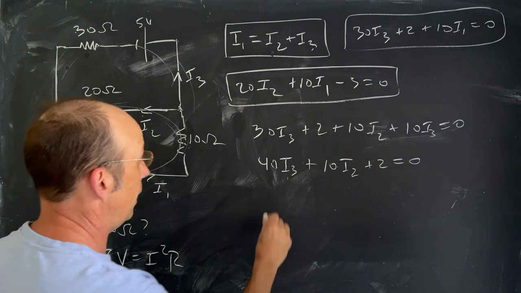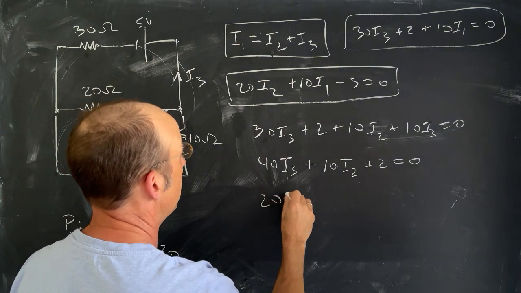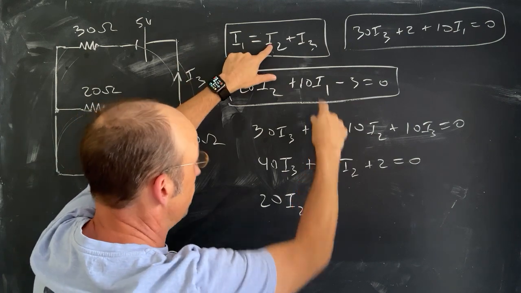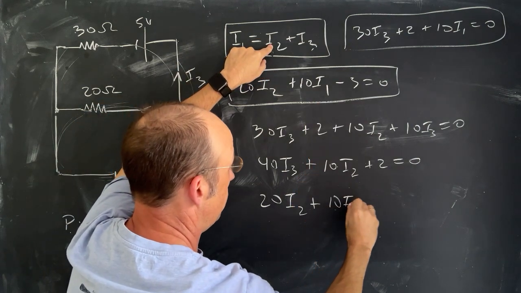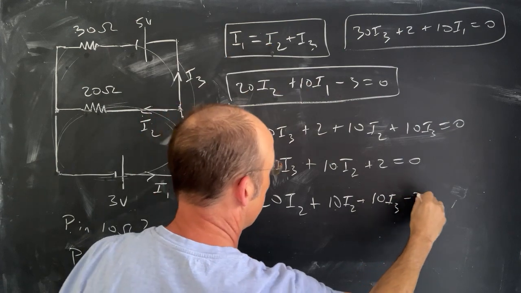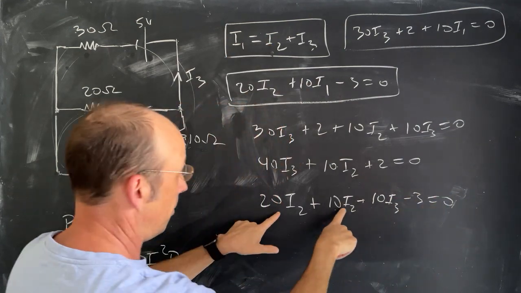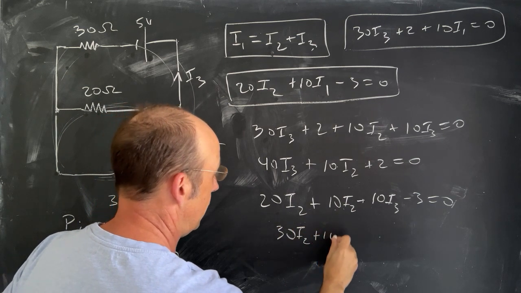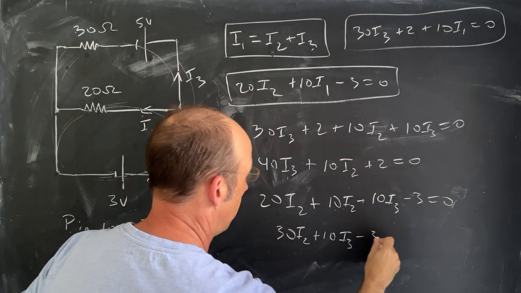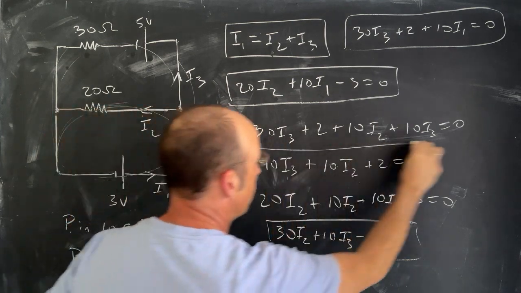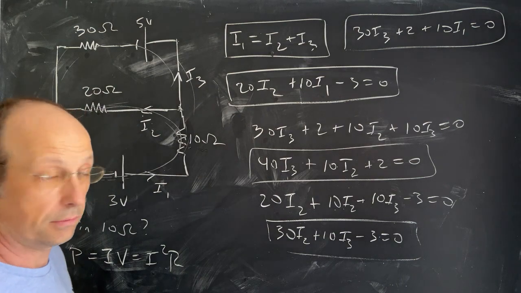So I get 20 I2 plus 10 I1, which is going to be 10 I2 plus 10 I3 minus 3. Here I'm going to combine these two, so I get 30 I2 plus 10 I3 minus 3 equals 0. So now I have 2 equations and 2 unknowns.